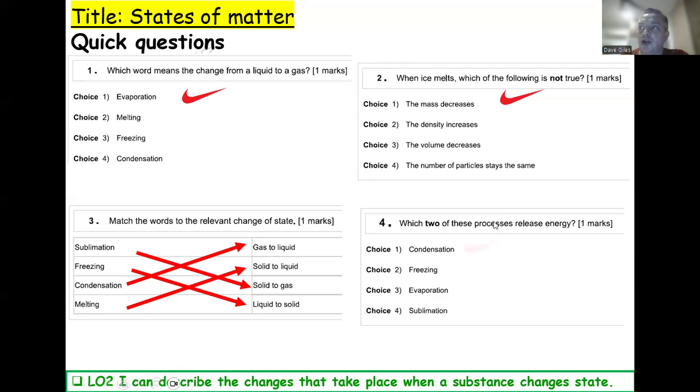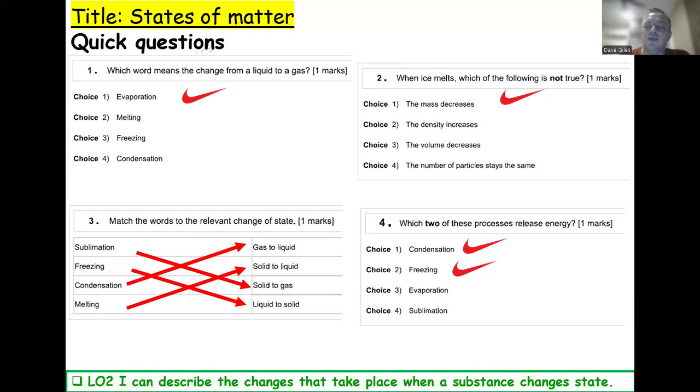So that would be condensing, where you're going from a gas to a liquid, so you're going from high energy to lower energy. And freezing, where you go from a liquid to a solid, again, going from higher energy to lower energy.